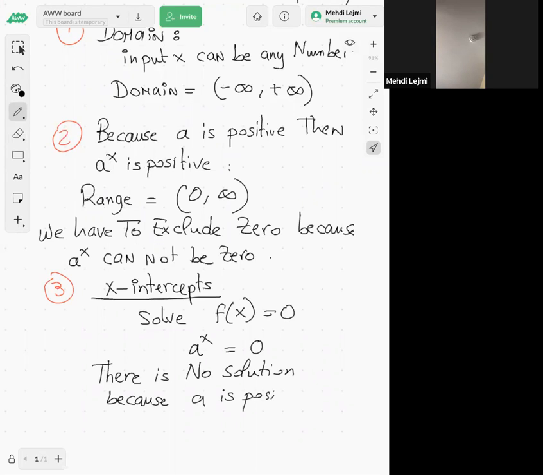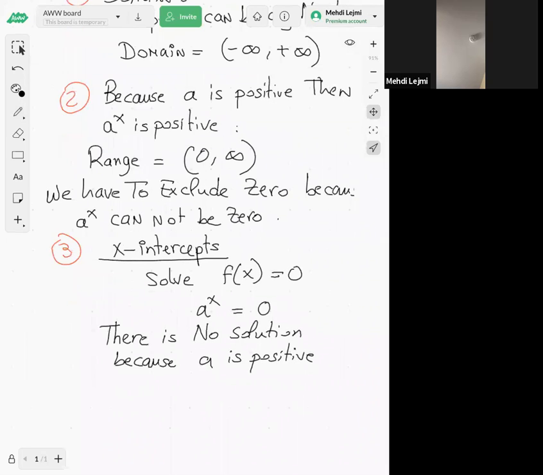So if there's no solution, there's no x-intercept. So it means that you cannot intersect the x-axis.